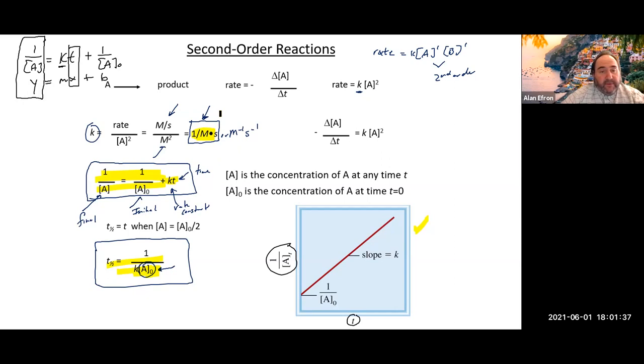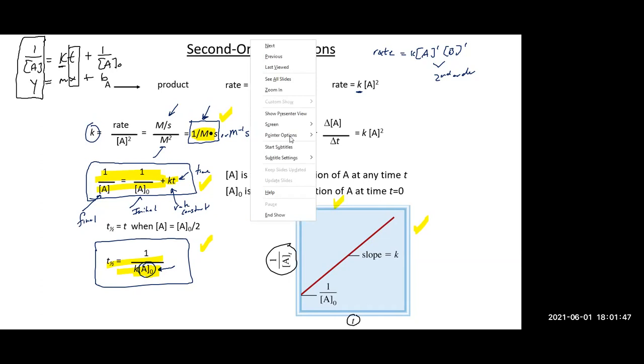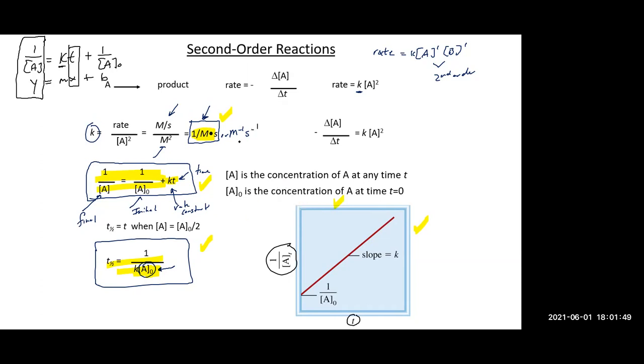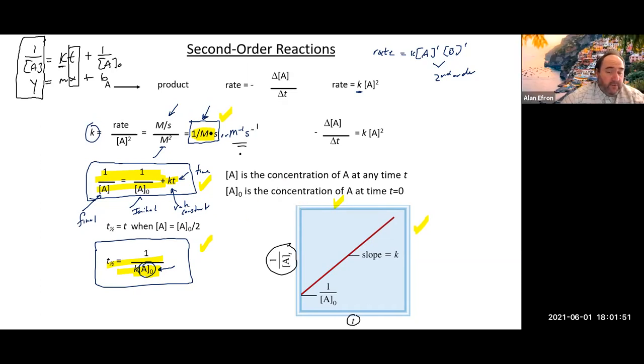So usually the important things out of second order are the units, the equations, and the associated graph that goes with it. And again, if you were given a problem where it gave you the rate constant that had these units, you definitely would want to be using these equations here rather than the ones that we saw for first order. Any questions on that there?